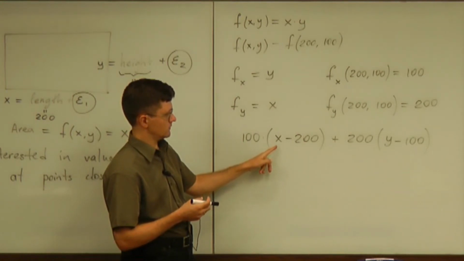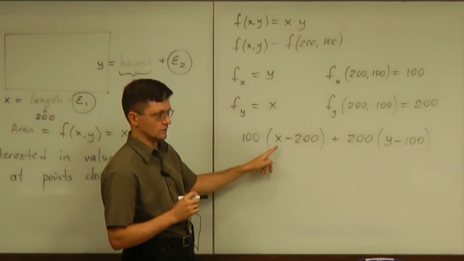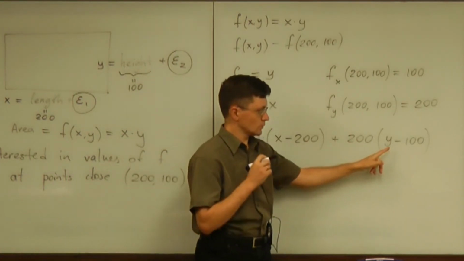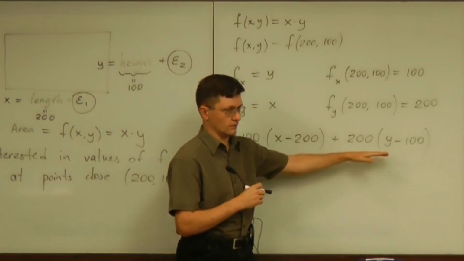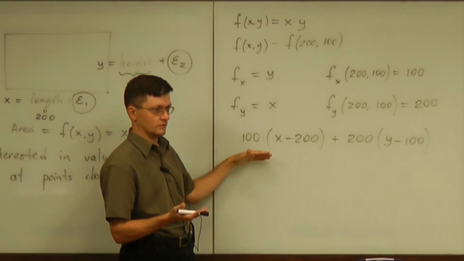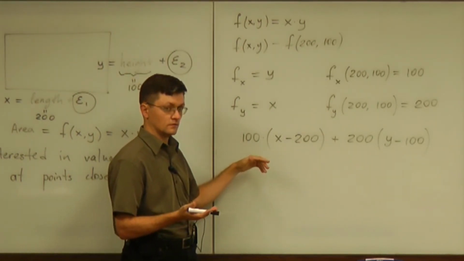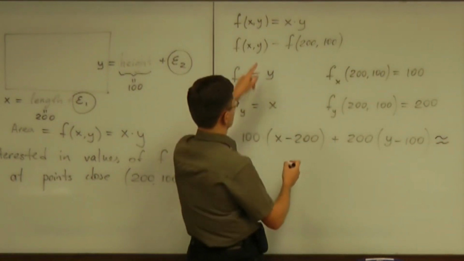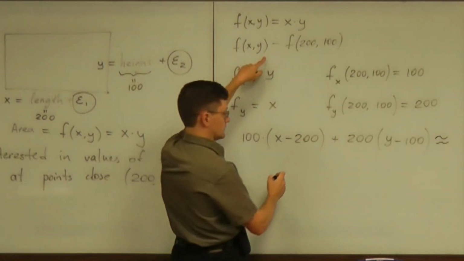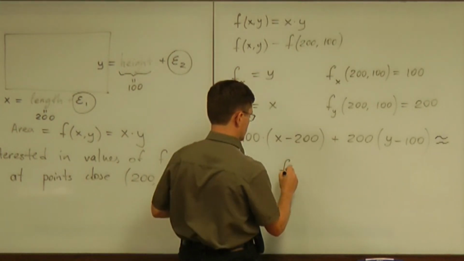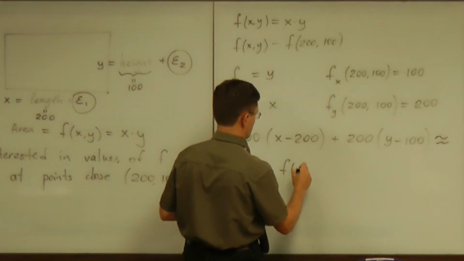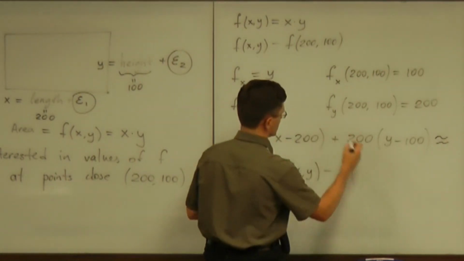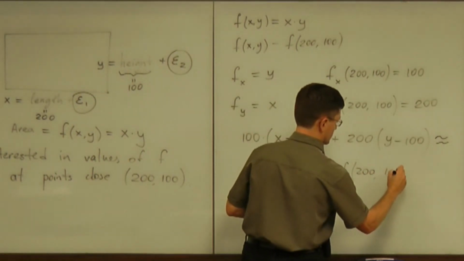Well, you see, suppose I made no error at all, so that x equals 200 and y equals 100, then the whole value is 0. Calculate the error. So that is approximately the error, right? This quantity. It's approximately f of x, y minus f of 200, 100.